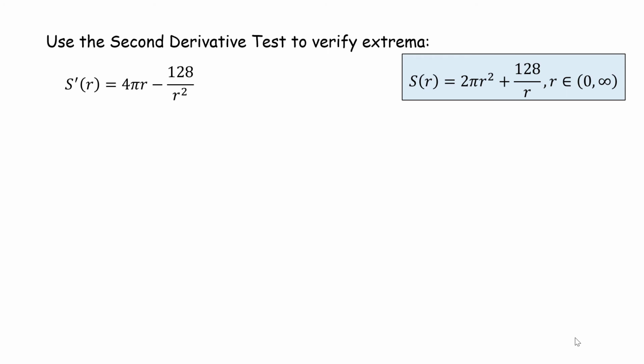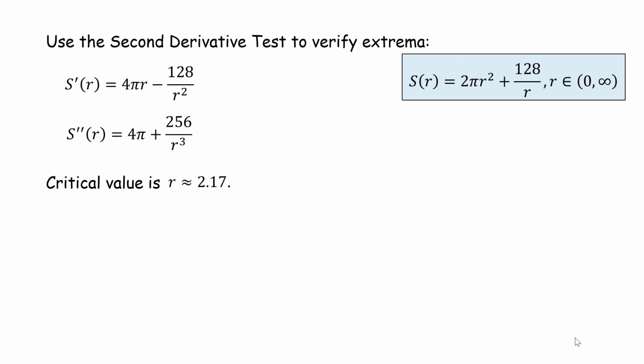To use the second derivative test, you have to have the second derivative, so let's get that. S double prime of r is equal to the derivative of 4 pi r, which is just 4 pi. Remember, pi is a constant. And the derivative of negative 128 divided by r squared, well, that's positive 256 divided by r cubed. Remembering that the critical value is 2.17, we need to evaluate our critical value in the second derivative.